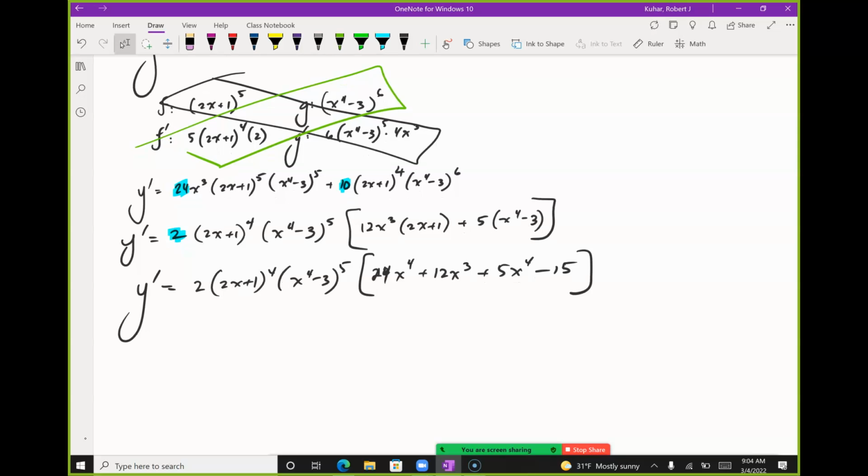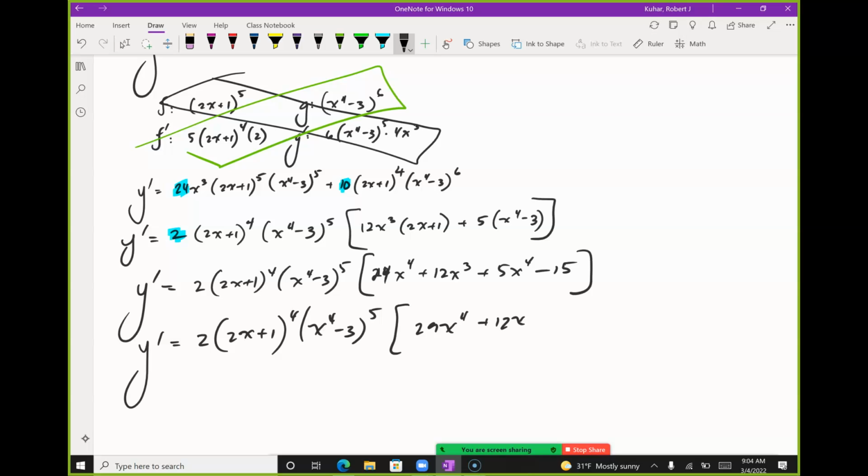I still don't know if this part is factorable or not. I wouldn't say keep going like this, that's why I'm going fast. 29x to the 4th plus 12x cubed minus 15. Yuck.